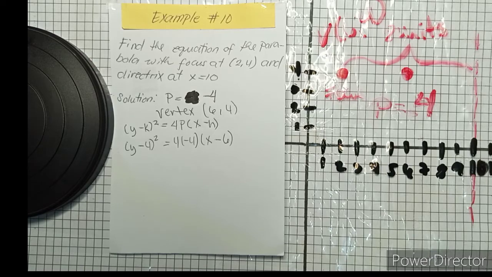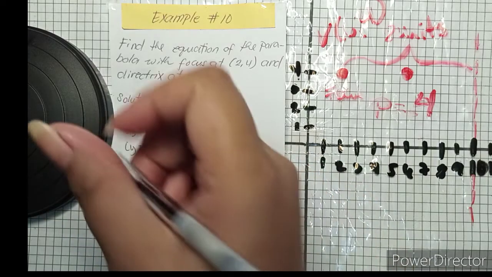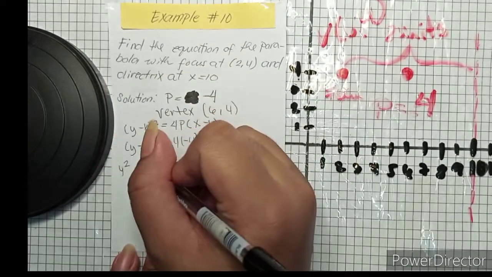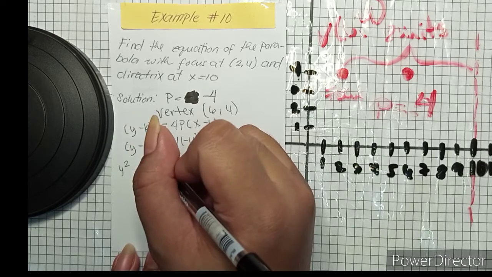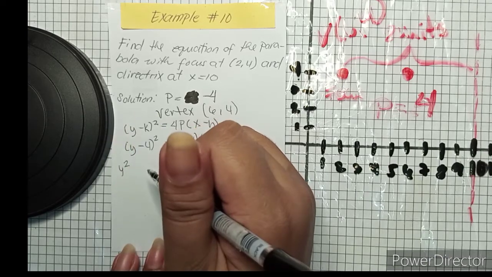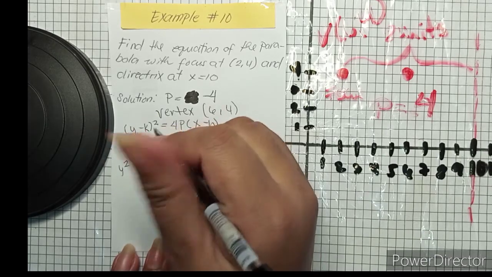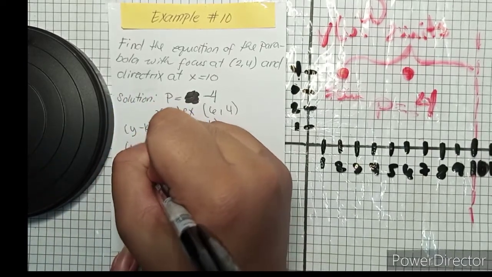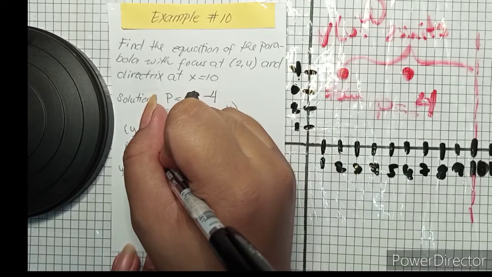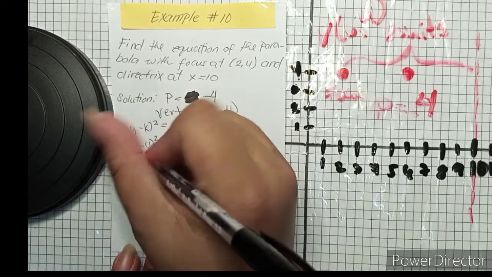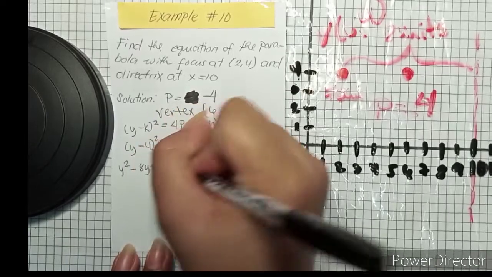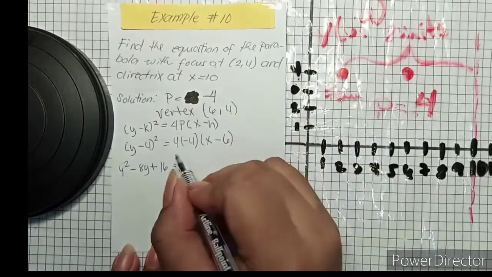Gawin natin siyang perfect square trinomial. So, y times y is equal to y squared. Negative 4y times y, negative 4 times y is equal to negative 4y times 2. So, it's negative 8y. Negative 4 times negative 4 is equal to positive 16.